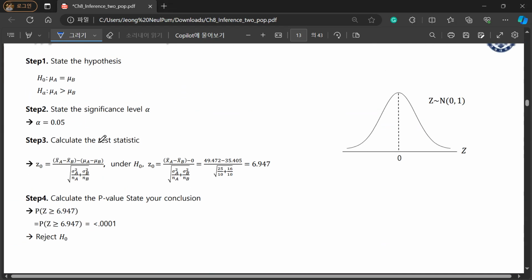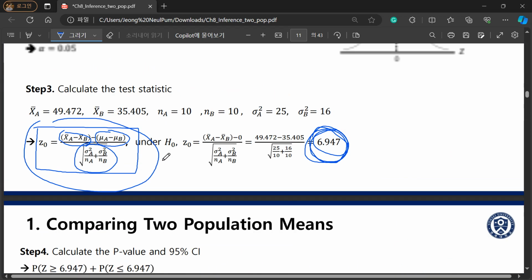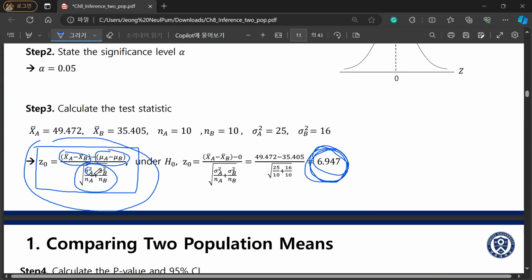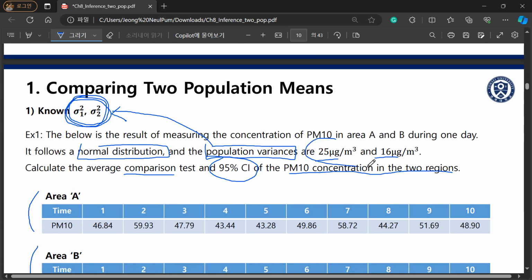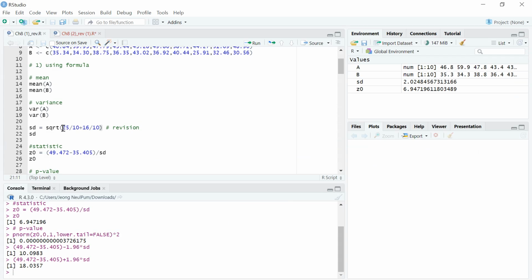However, because we have to use sigma squared here, and sigma squared comes from the problem, not our sample, we have to use the value directly from the problem.